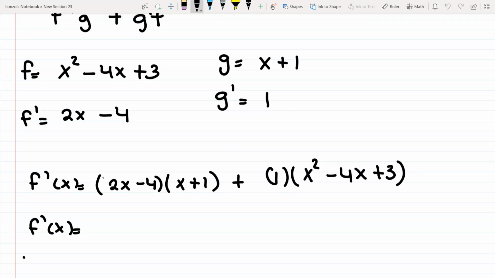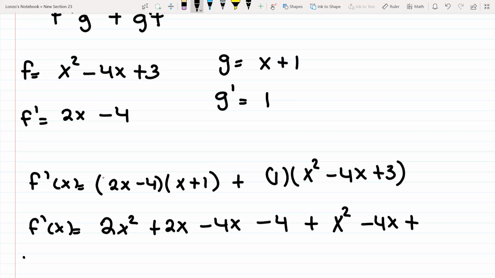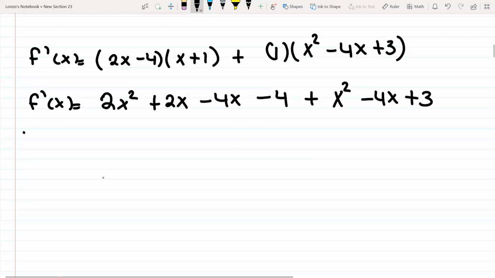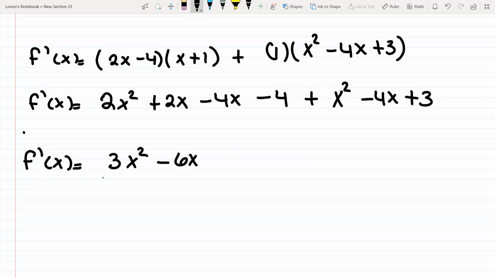When you FOIL this out, this is going to be 2x squared plus 2x minus 4x minus 4 plus x squared minus 4x plus 3. And then collecting terms, it's going to be 3x squared minus 6x minus 1.